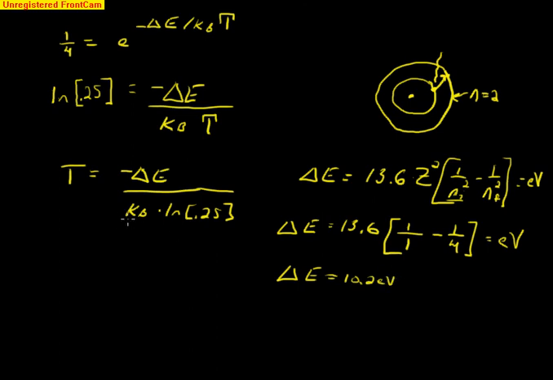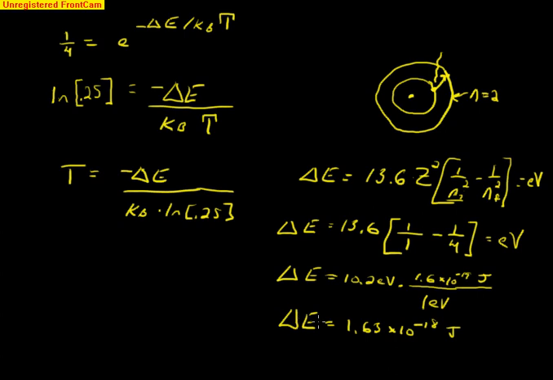Well, for our Boltzmann constant, it's necessary to have this in joules. So we know that for every electron volt, we have 1.6 times 10 to the negative 19th joules. So that's our conversion factor. That gives us a change in energy equal to 1.63 times 10 to the negative 18th joules.